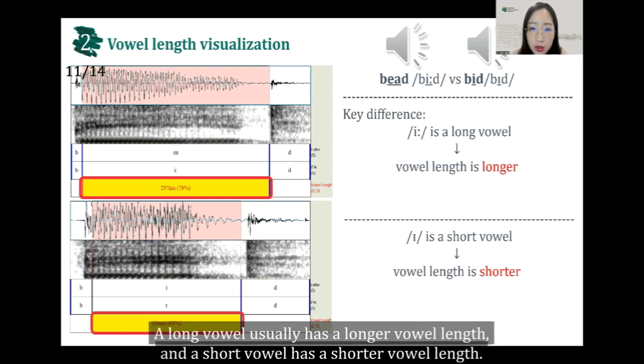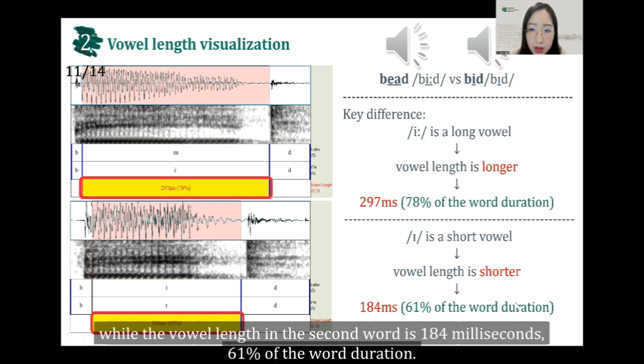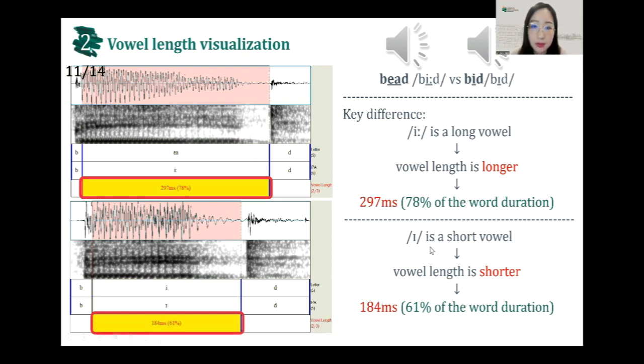A long vowel usually has a longer vowel length, and a short vowel has a shorter vowel length. The vowel length of the vowel in the first word is 297 milliseconds, 78% of the word duration, while the vowel length in the second word is 184 milliseconds, 61% of the word duration. Therefore, the first word is bead, and the second word is bid.